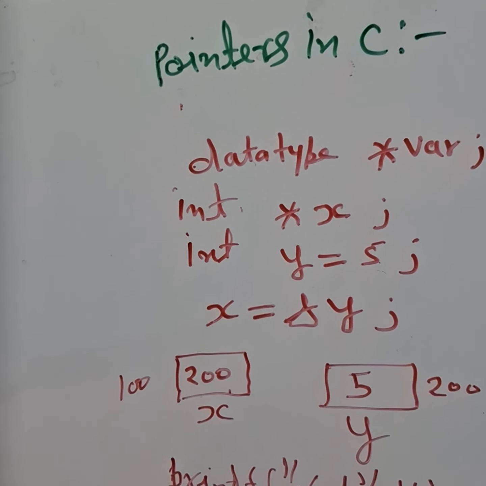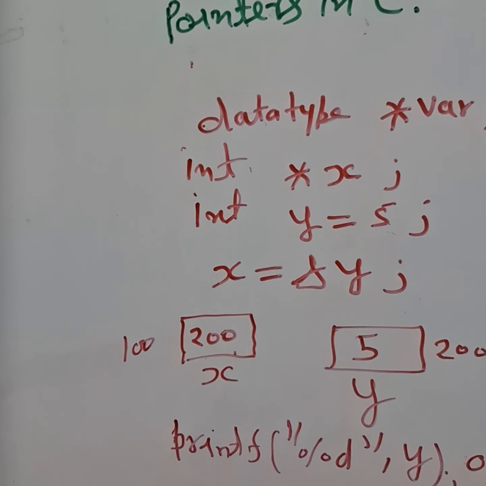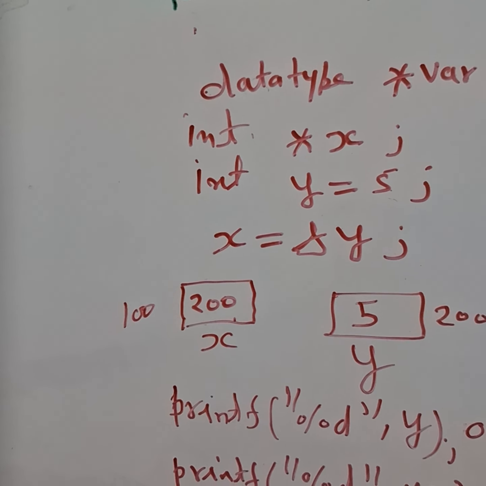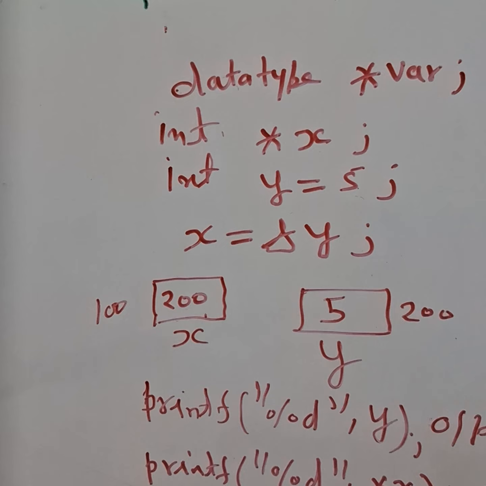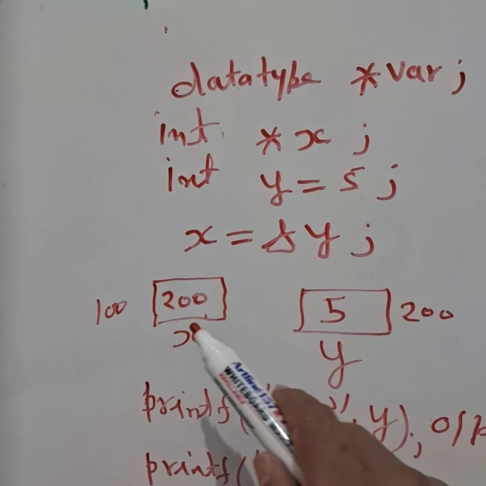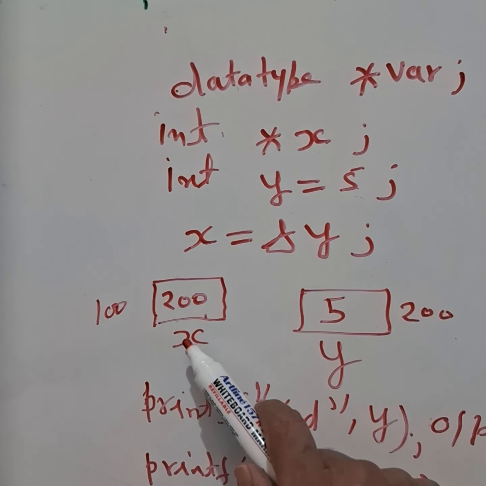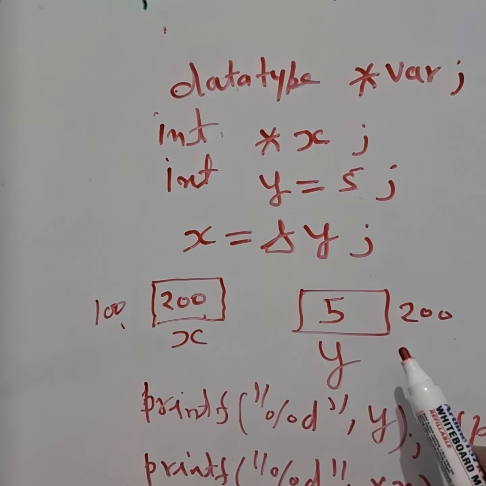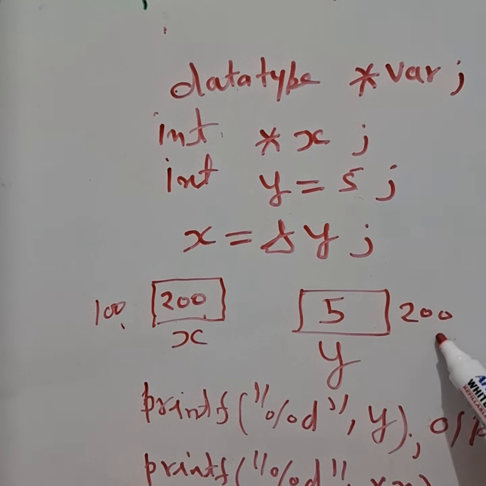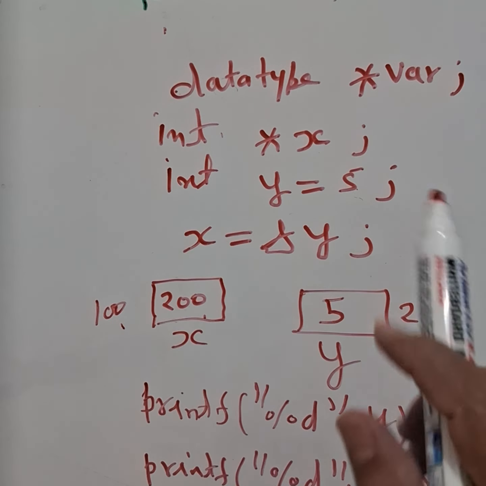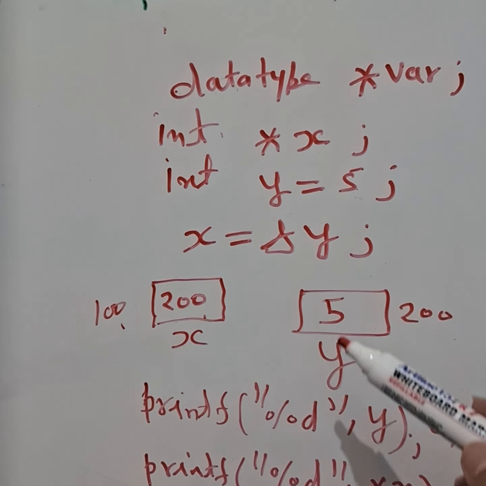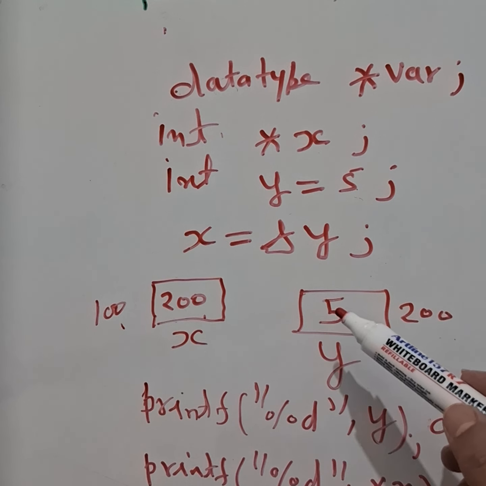Let me try to explain what its meaning is and how it looks. Suppose we have two variables x and y, and after these declarations, suppose in the memory the location of x is 100 and the memory location of y is 200. We are only supposing this. Now, y is assigned 5, so the value of y is 5.